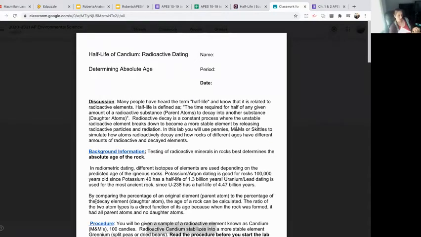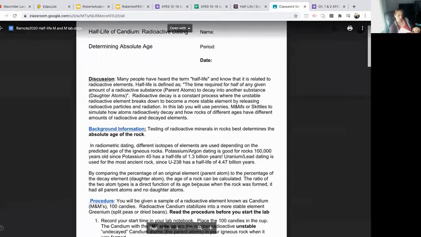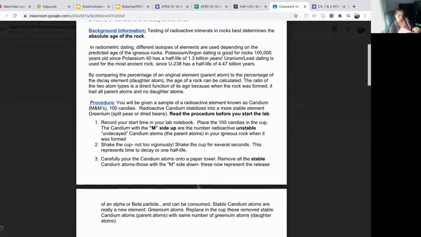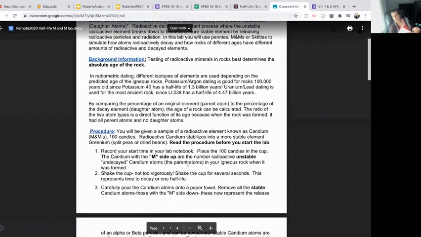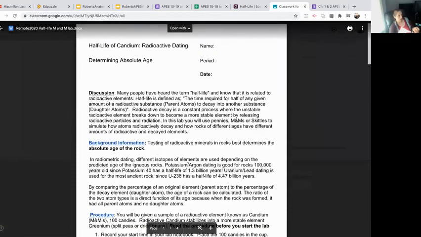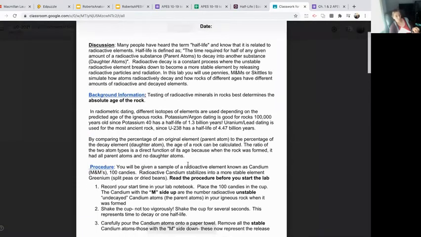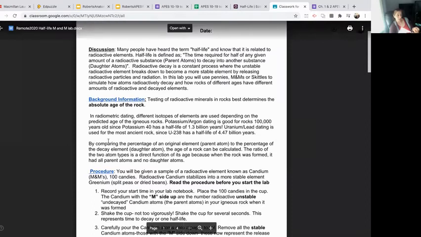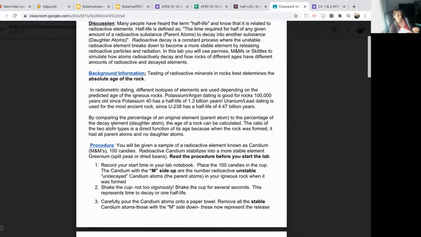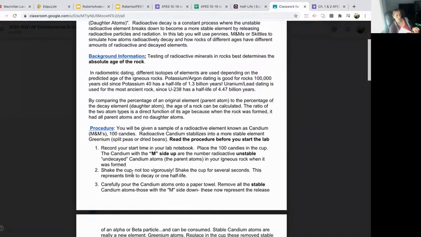And what we're going to do is I'm going to be putting you into groups. When you get into your groups, whoever has the most number of pets in their house goes first, and then the next person reads the discussion, then the person with the next number reads the background information, and then read your procedure.